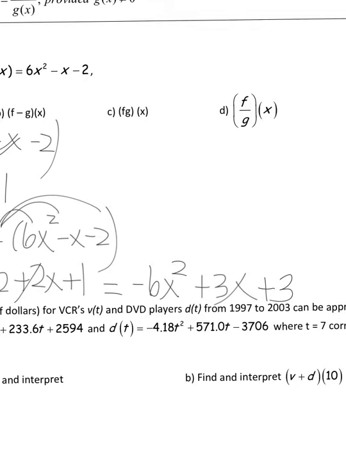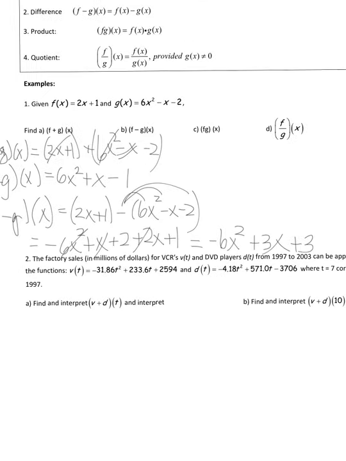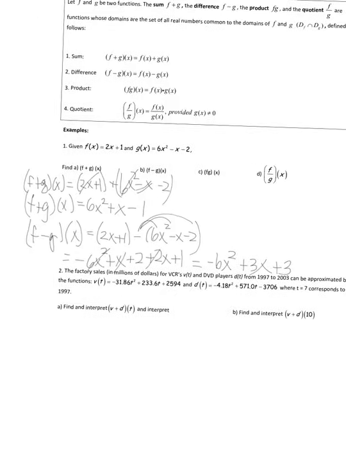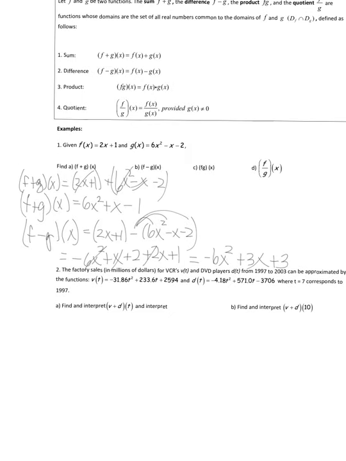If we come down to a real life example, we would do the same thing. We would just add like terms between the v and the t and interpret what v plus t of t means. Again, you can look at the notes for that.